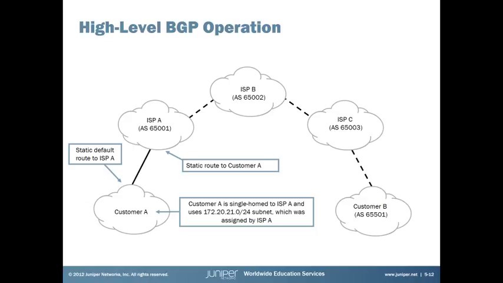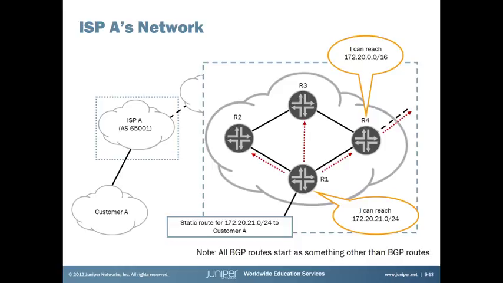All right, let's take a look at how this scenario plays out. What we've got here in the big blown up section is a look inside of ISP A's network.